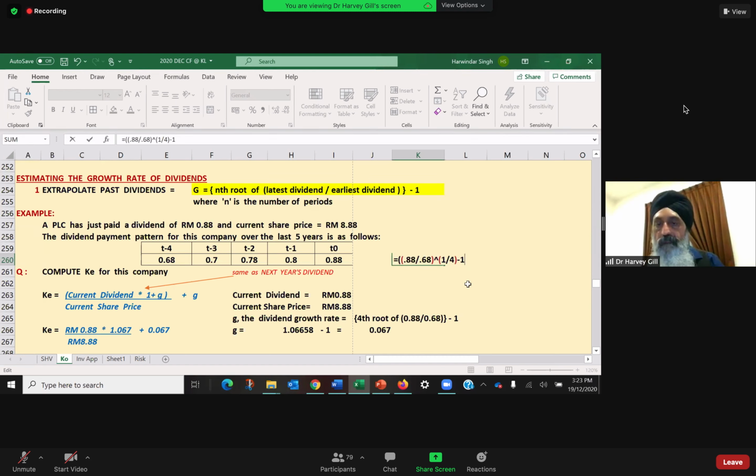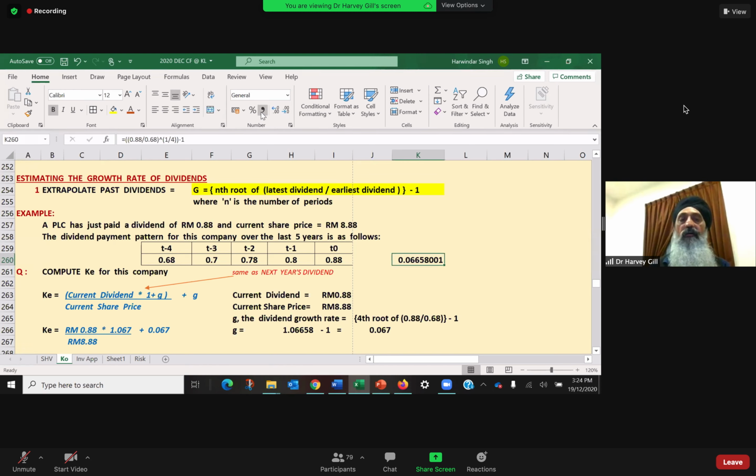Did I get it? No, I didn't put the bracket, did I? To the power this one, minus 1. Now it's correct. So I get 0.665 and so on. Or if I just bring it to maybe 3 decimal places, 0.067. So I can say G is equal to 0.067. Everybody okay with this growth rate?